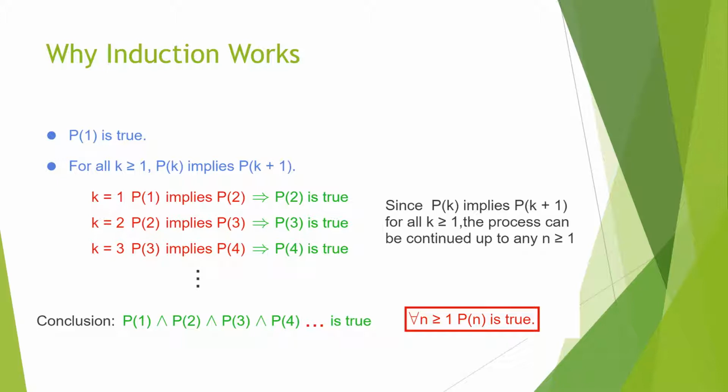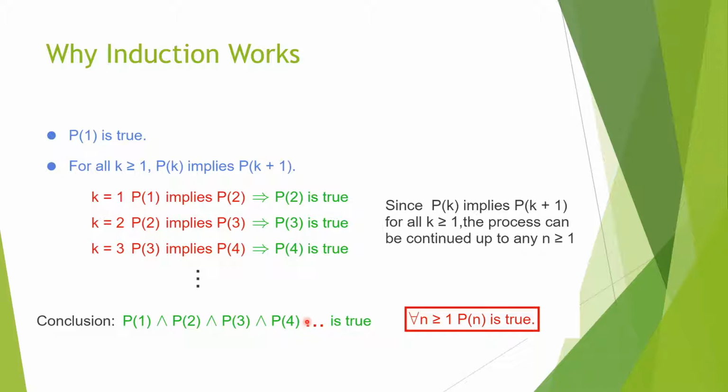So the final conclusion is an infinite chain of conjunctions, P(1) and P(2) and P(3) and P(4), and this list goes forever, has to be true.